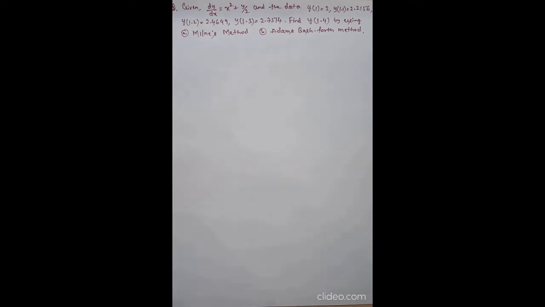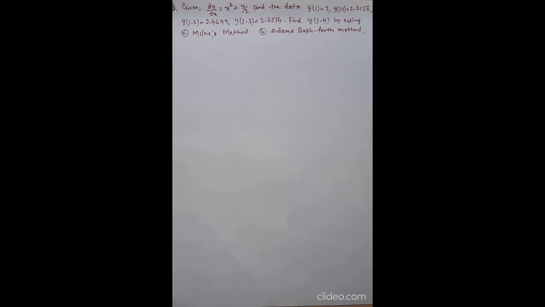Now in these two methods the procedure is common, as you know, right? The first step is construction of a table. Then you will take a predictor formula, then y4 dash you will calculate, then corrector formula, again calculate y4 dash, using that y4 dash calculate corrector formula, calculate corrected value once again. So this is the procedure.